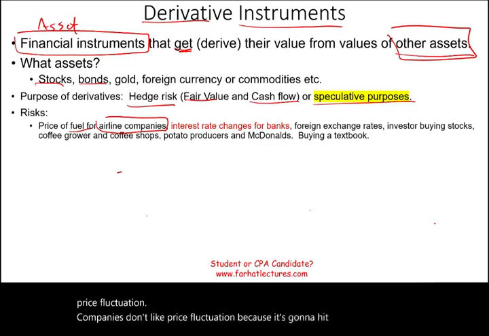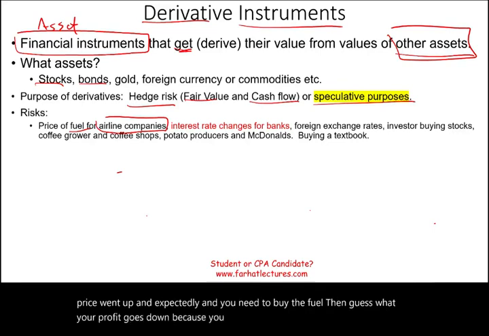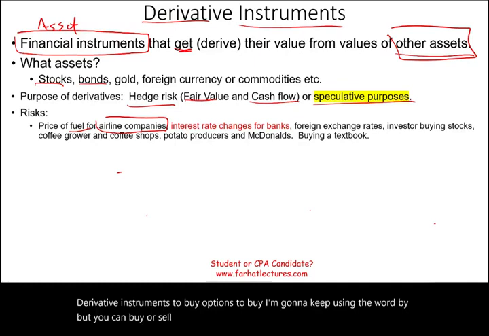If the price went up unexpectedly and you need to buy the fuel, then guess what? Your profit goes down because you cannot easily raise your prices. So you would use those derivative instruments to buy options, and I'm going to keep using the word buy, but you can buy or sell these derivatives, to secure the fuel prices at a certain price to help yourself.